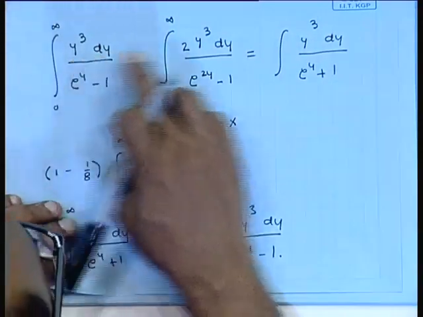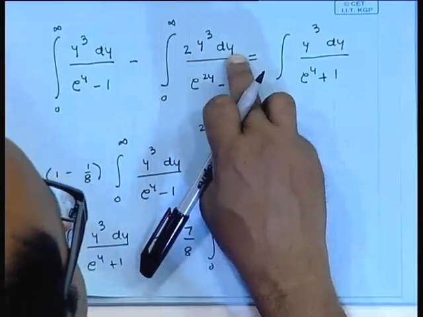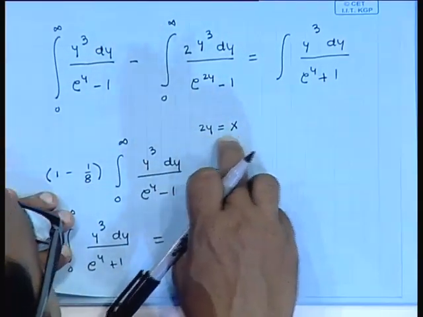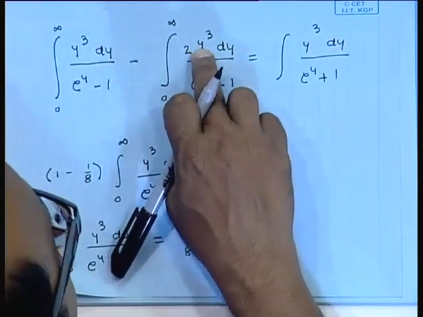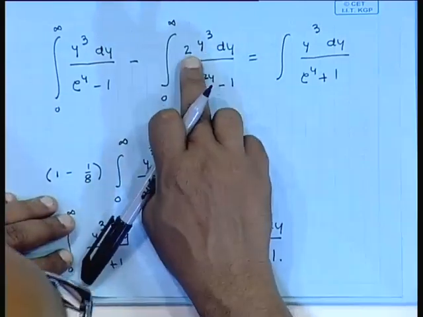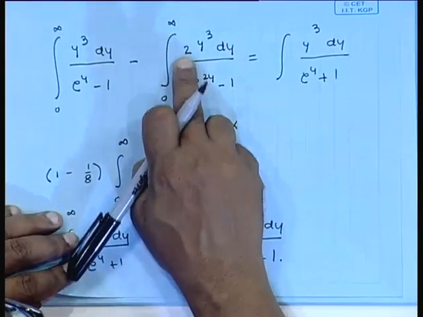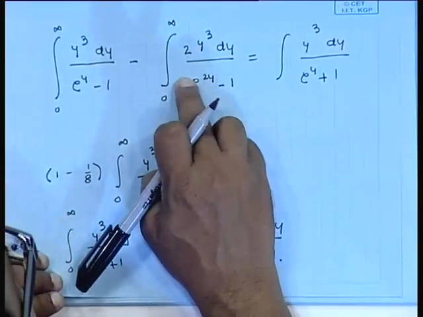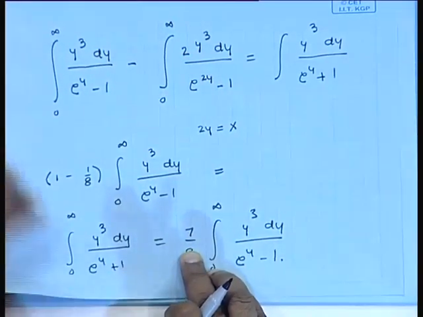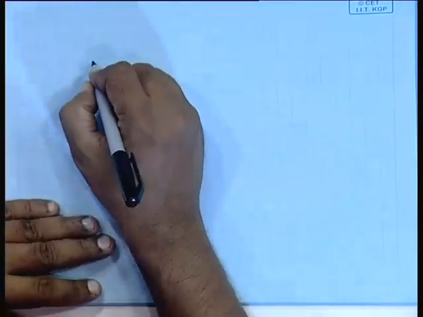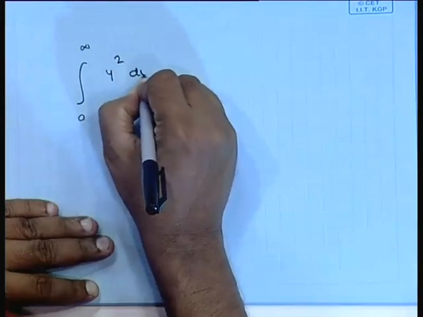When I replace this variable 2y equal to x, then I have to divide by 2 to the power 3, because here it was 2 to the power 4 since there is y to the power 4. So, I have to divide by 8, already a factor of 2. So, this gives me 3/4 instead of 7/8. Okay. So, for the number density, we also have this integral 0 to infinity y square dy.